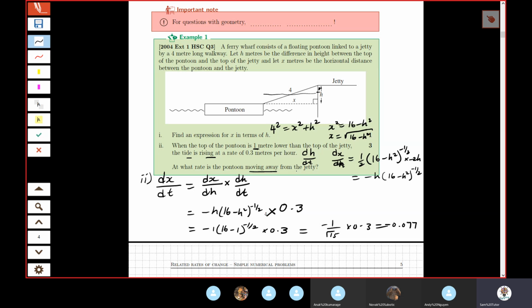Was that okay? Andy, how'd you find that? What part are you still getting stuck on? Did you understand my logic that that would be dh on dt, and then this bit here needs to be broken down? I don't get the part where it's dx on dh.